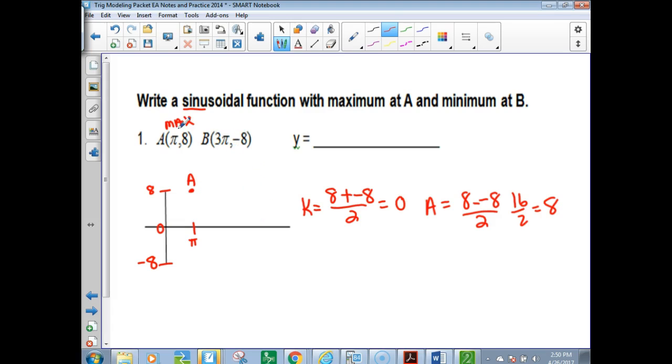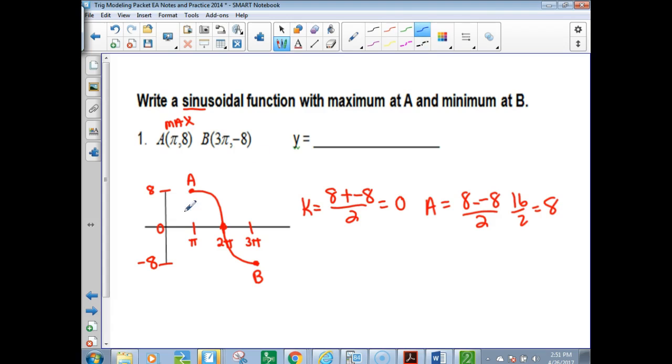All right, so if 3 pi, negative 8 is where the min is occurring, this scale must be 1 pi, 2 pi, and then 3 pi. And at 3 pi, negative 8 we reach the minimum point where B is. So in between there, this is what it was doing. It was coming to its center line at 2 pi, 0, and then down to negative 8.